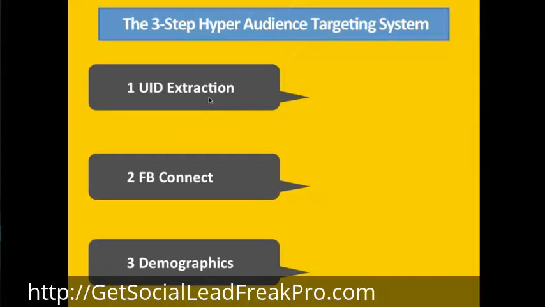Step 1 is your classic user ID extraction step. Then you send these people that you extracted from step 1 to a landing page with Facebook Connect in step 2. Now Facebook Connect is simply a Facebook app that captures data about the person opting in. So information like name, email, gender, page likes, groups, and so on.